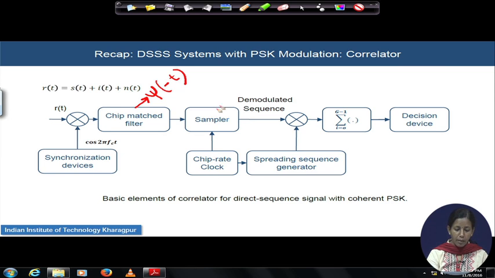The sampler samples the matched filter output at the chip rate, that is 1 by Tc, and its target is to produce capital G samples, where G is given by Ts by Tc. Basically, G is the number of chips available within the symbol duration.